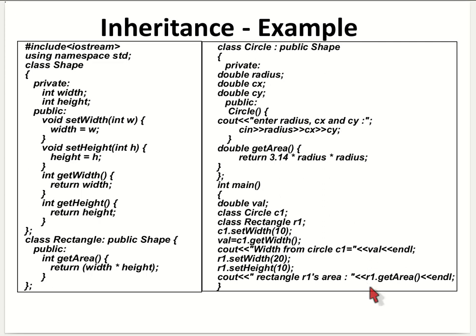Width is 20 and height is 10, so we will get the area as 200. I hope you understood this. So here the rectangle as well as the circle are inheriting from shape.